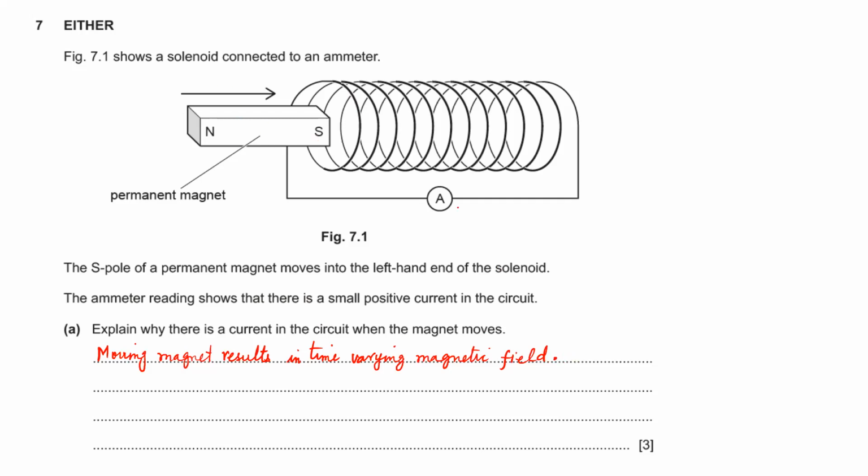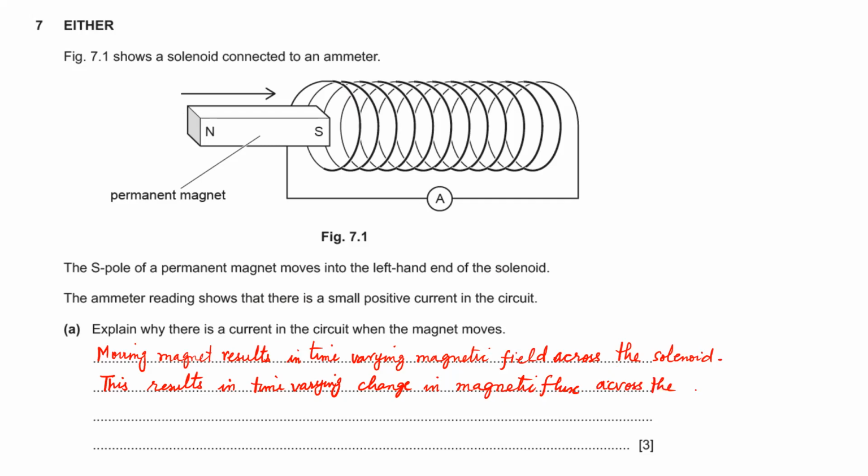This time varying magnetic field across the solenoid results in a time varying change in magnetic flux across the conductor of the solenoid.